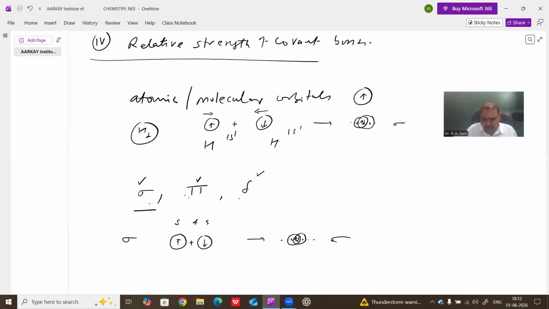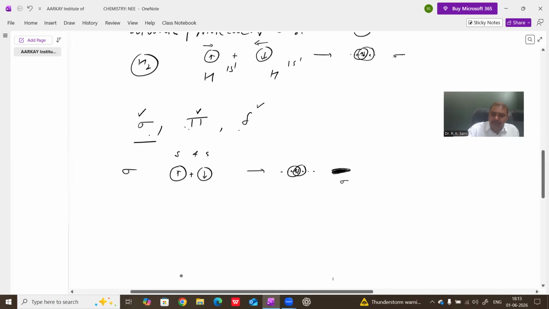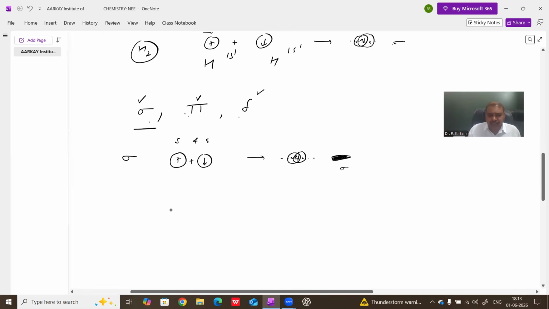Therefore such a molecular orbital is known as sigma bond. It may be formed by s-s overlapping, or maybe p-p overlapping, s-p, d-p. For example, it is pz orbital because we take Z as internuclear axis.